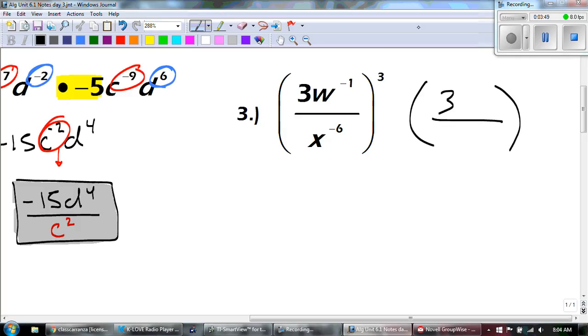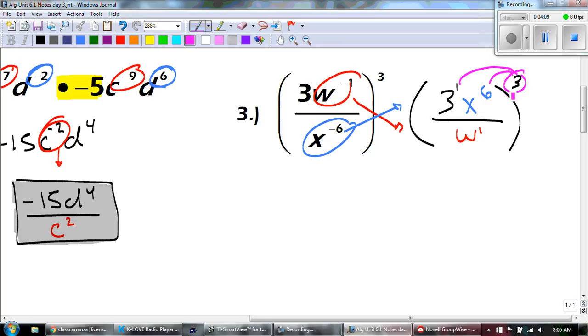Okay, the 3 stays and the 3 outside stays. If your exponent's negative, we're going to drop it like it's hot. And if it's already on the bottom, we're going to bring it to the top. Now I can distribute that 3 to everything. So that's 3, x, and w.